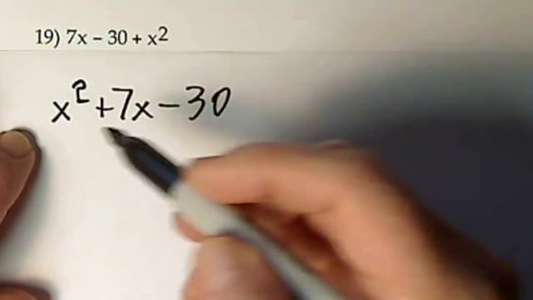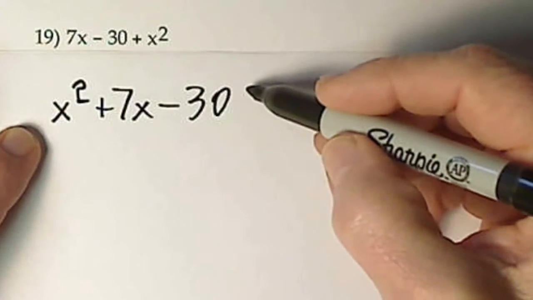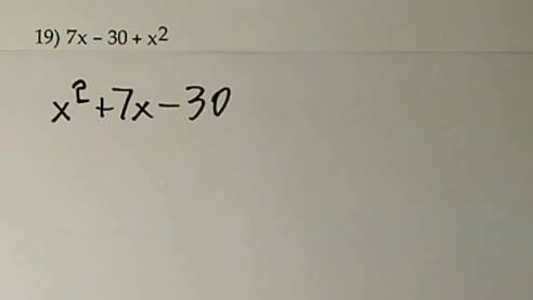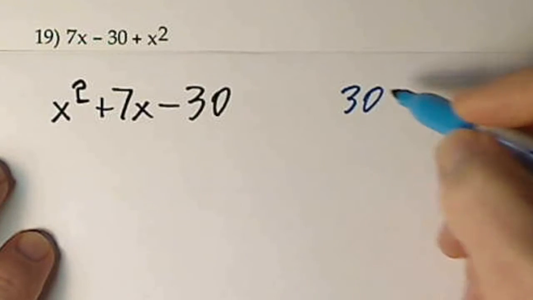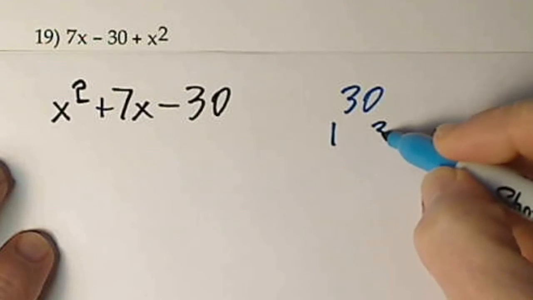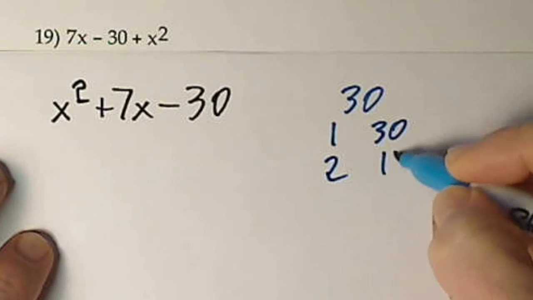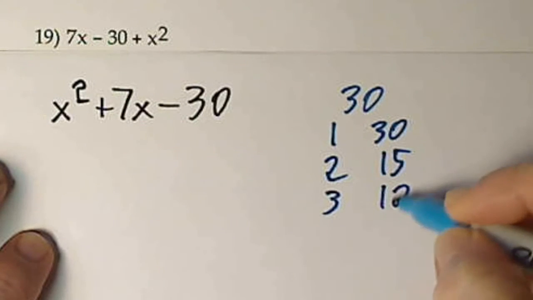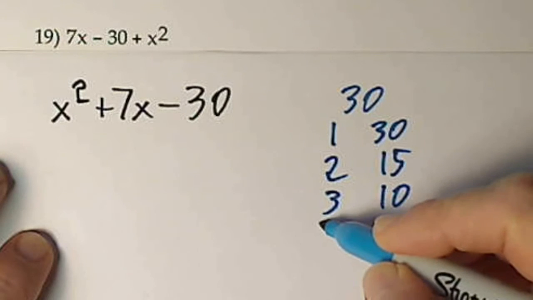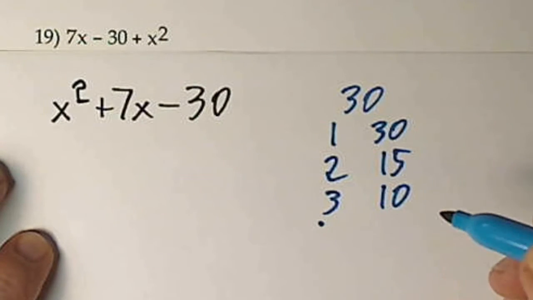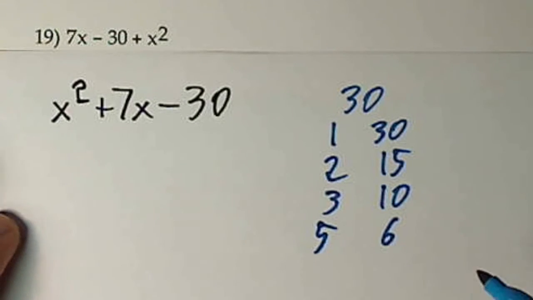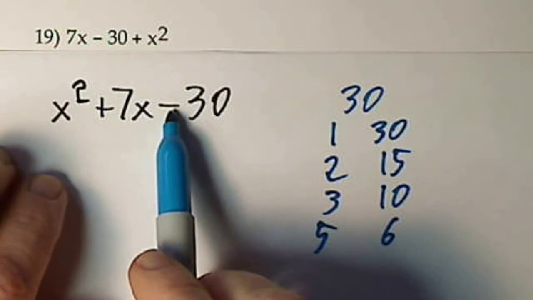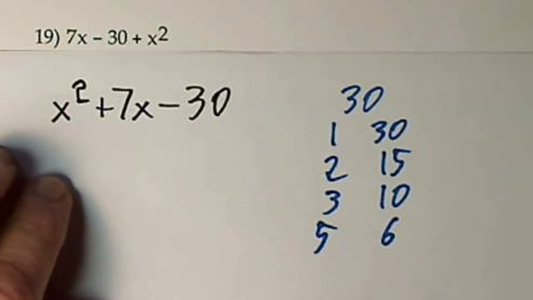And now if there's nothing in front of the x squared, I just grab my 30 and list all the factors. And that would be 1 times 30, 2 times 15, 3 times 10, 4 won't work because that's an odd number, 5 works, 5 times 6, and that's all the factors. We're looking for a difference of positive 7.